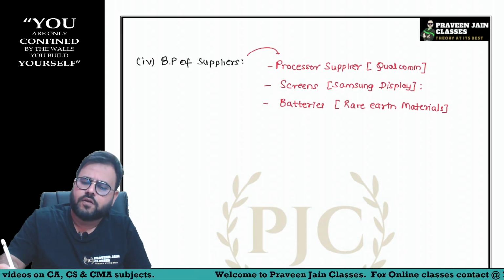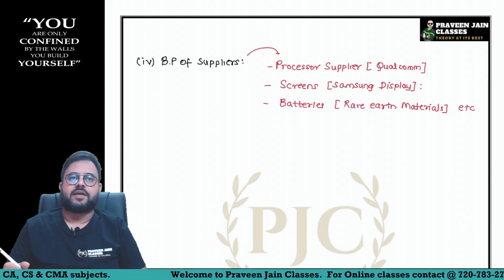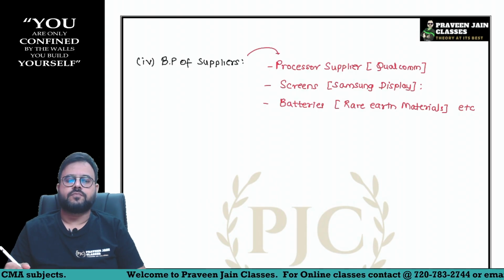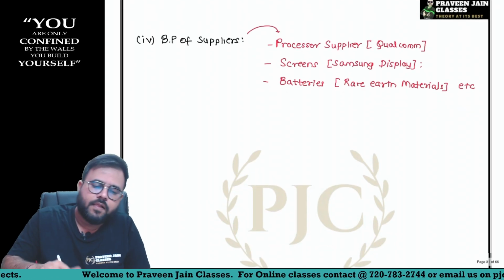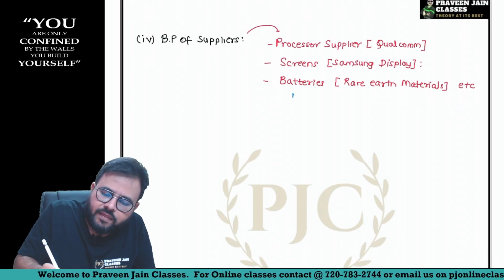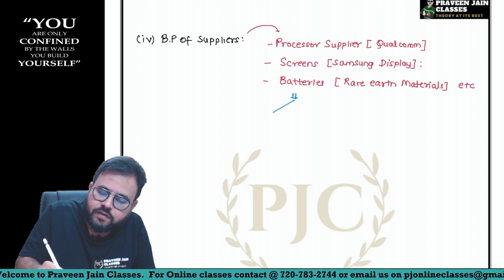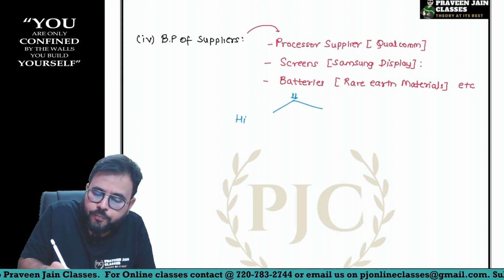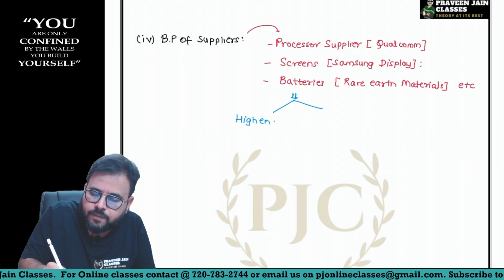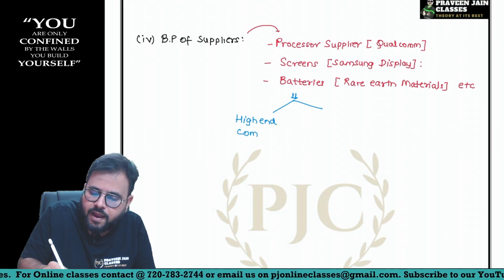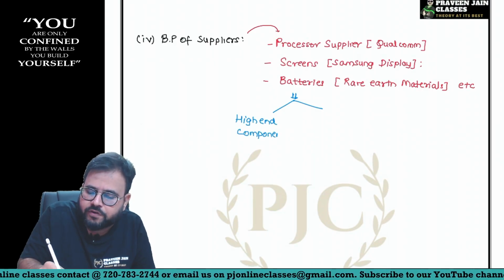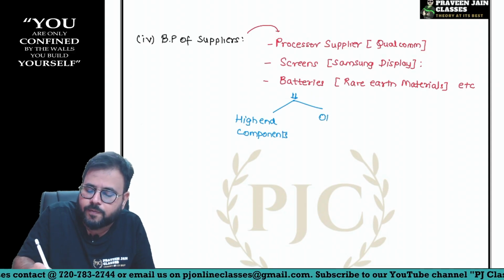Agreed? So these are all our suppliers. So can I say in this, now there could be some high end components and there could be other components. In phones I am talking about.